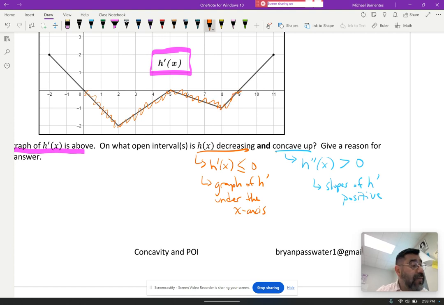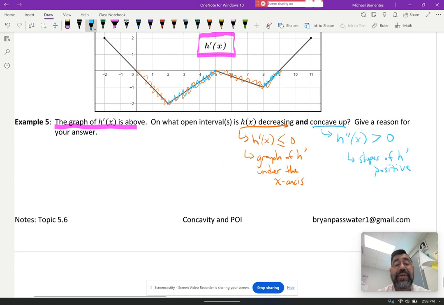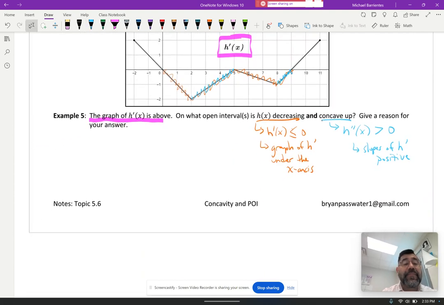But now I go to the second part. The second part says, where is h double prime greater than 0? Where are the slopes of h prime positive? Well, that would be here and here. So therefore, that double shaded part satisfies both of those two conditions. That's the answer.